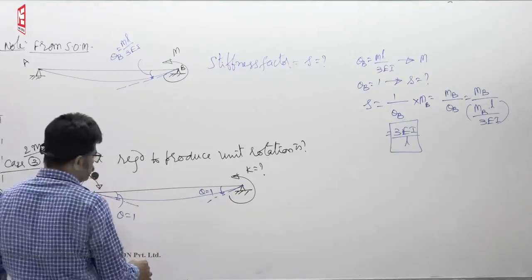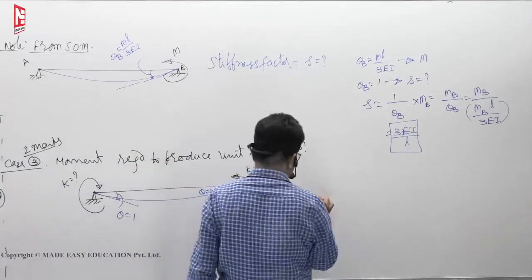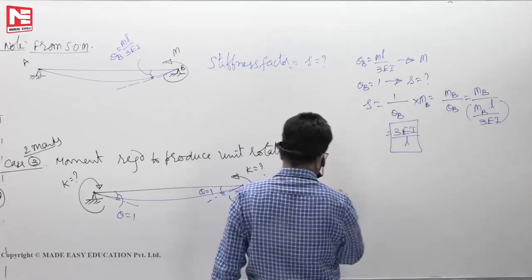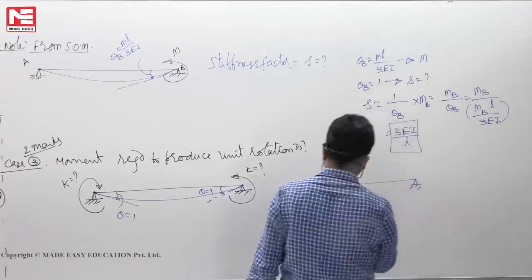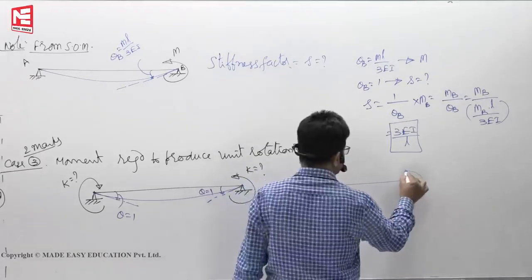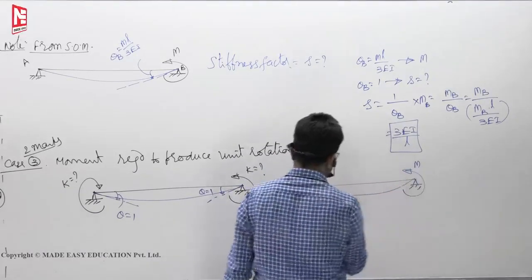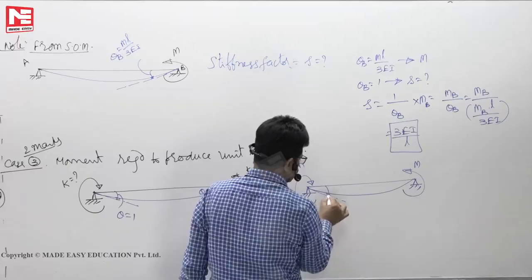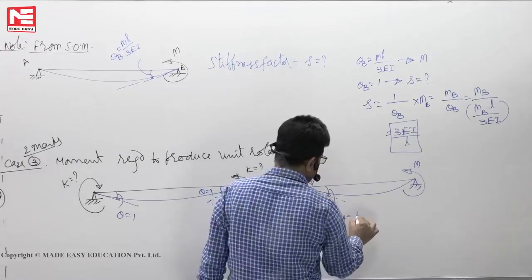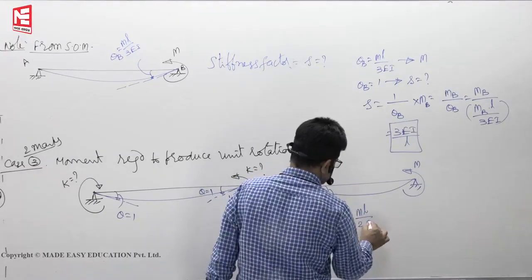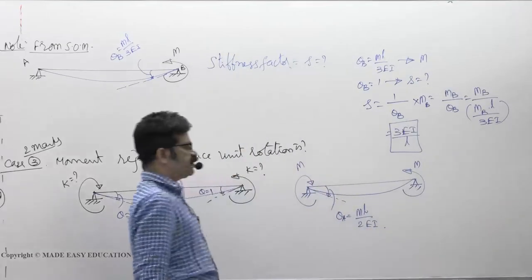For moment M, this is what you have studied. If you apply M, the deflected shape is like this, and this is theta A, ML by 2EI. This is what we have learnt.